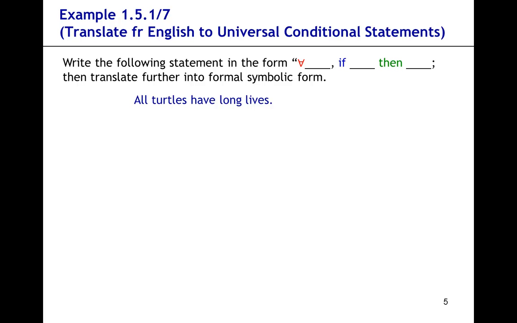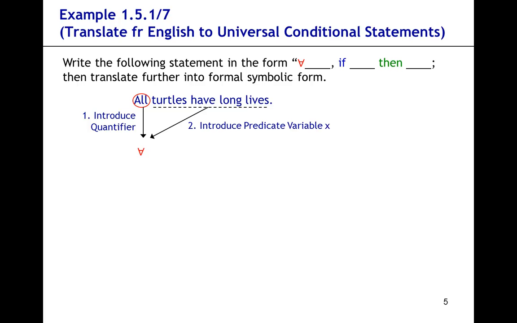Where do we begin? In the statement, all turtles have long lives, the key word is all. So step 1, introduce the quantifier by changing the all to the for all symbol. Next, step 2, we introduce a predicate variable x. In the universal statement and existential statement, we had to see who x was referring to.